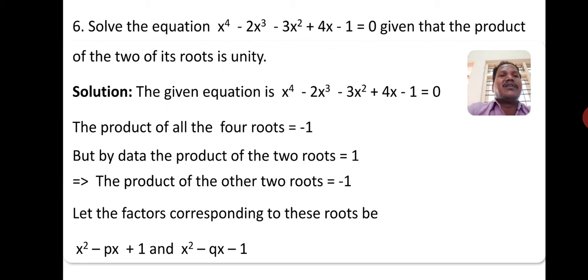The given equation is x power 4 etc. minus 1 equals 0. Given that the product of all four roots equals minus 1, but by data the product of two roots equals 1. Ultimately, the product of the other two roots must be minus 1.